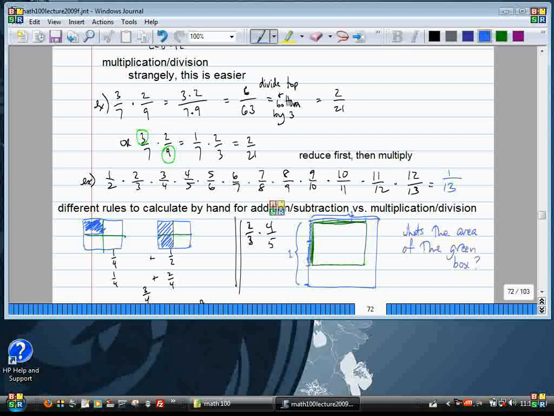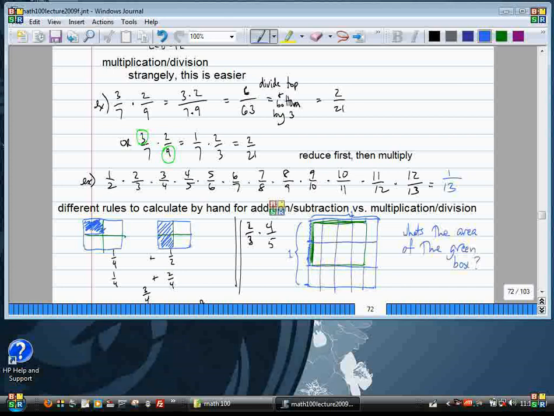Well, you can figure out what part it is of the whole box. And remember, the whole box was 1 by 1. So the whole box just represents one square unit, if you like. So how can we do that? So what piece of the whole box is the green box?